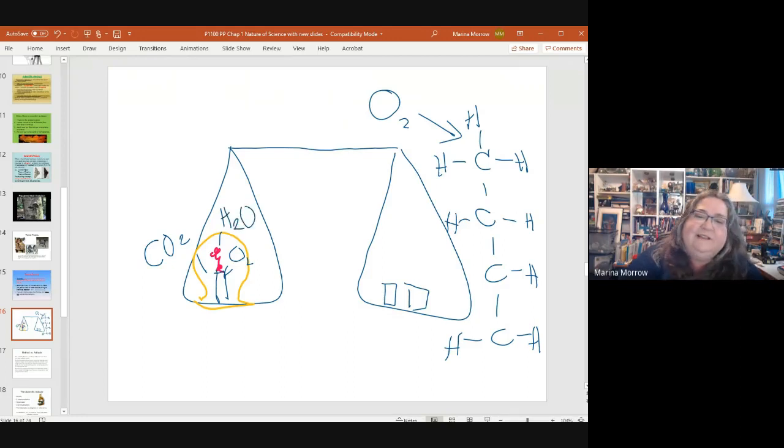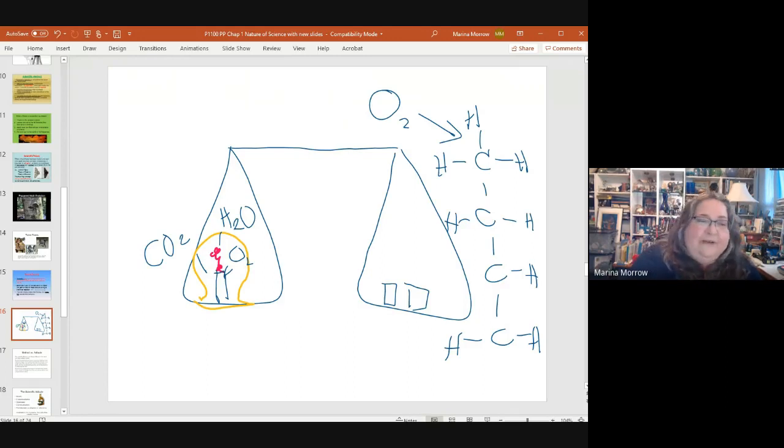Now, you usually don't see the water because it goes off with steam because it's hot. And if you didn't have a globe, of course, those two would just go off into the air. And so the candle would get lighter because the carbons are the heaviest part of the candle. And so by putting the globe on there, he was keeping those gases in there, and he was showing that the mass should be the same before a reaction and after a reaction.